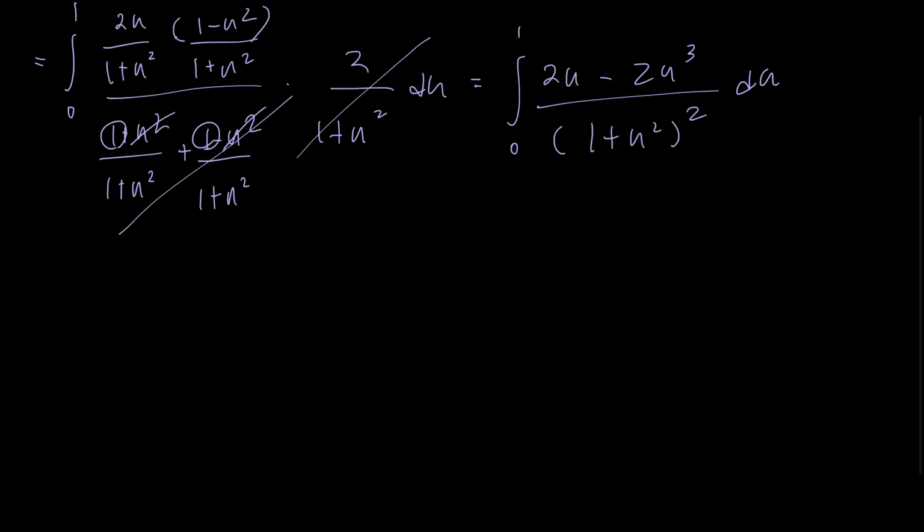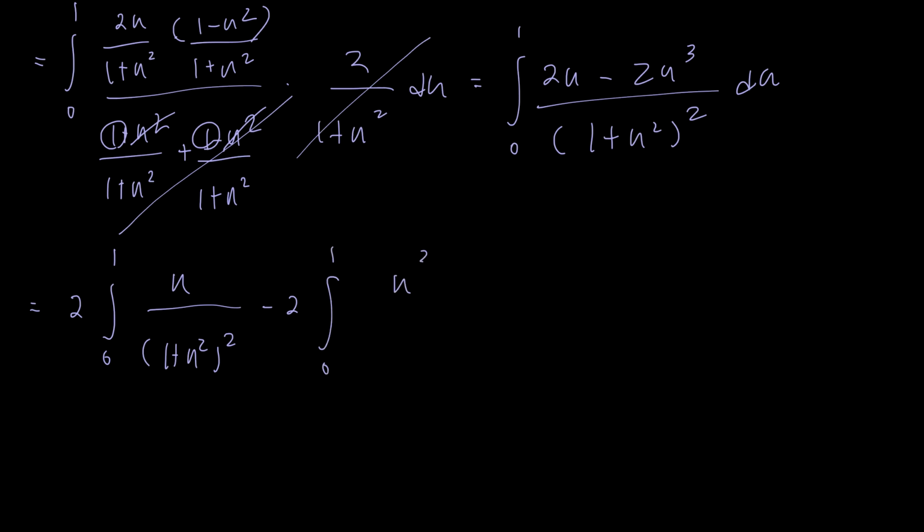And now we could split it. So we have twice the integral from 0 to 1 of u over 1 plus u squared minus 2 times the integral from 0 to 1 of u cubed divided by 1 plus u squared du.